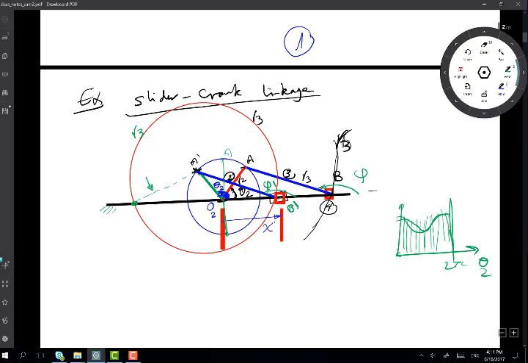So I have two different possibilities of assembling this linkage.